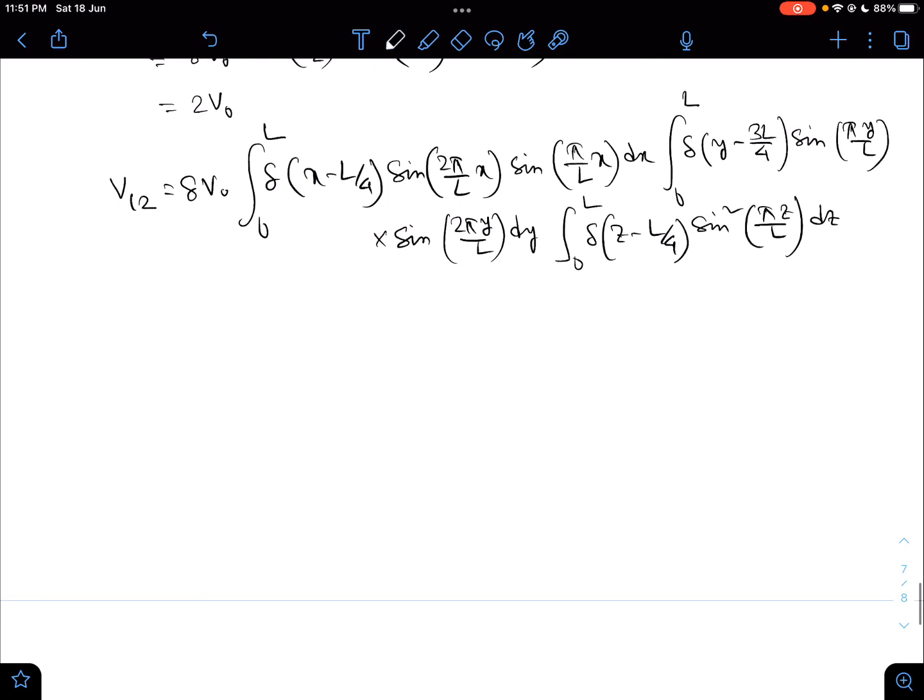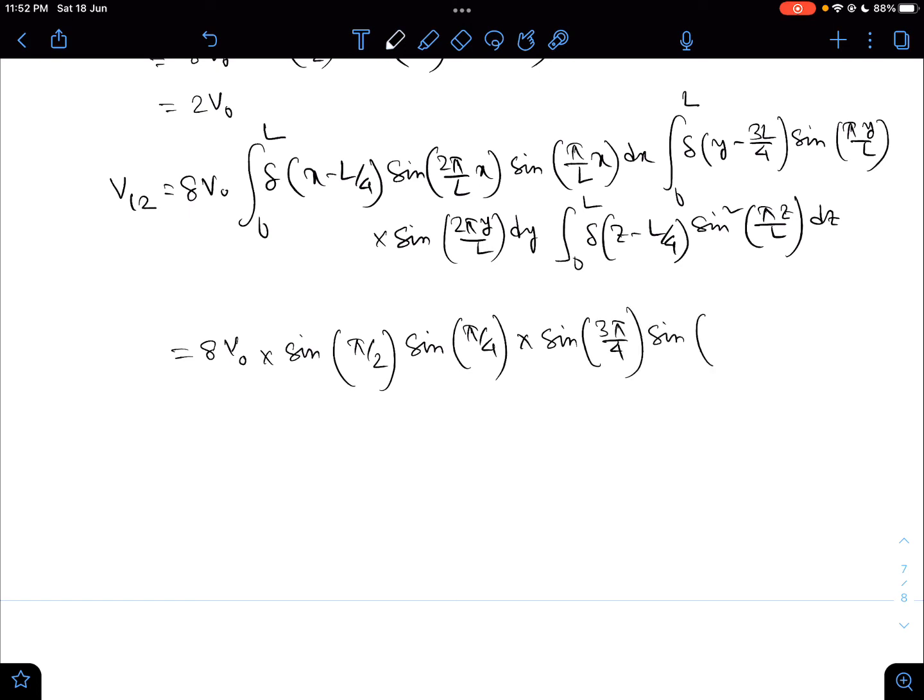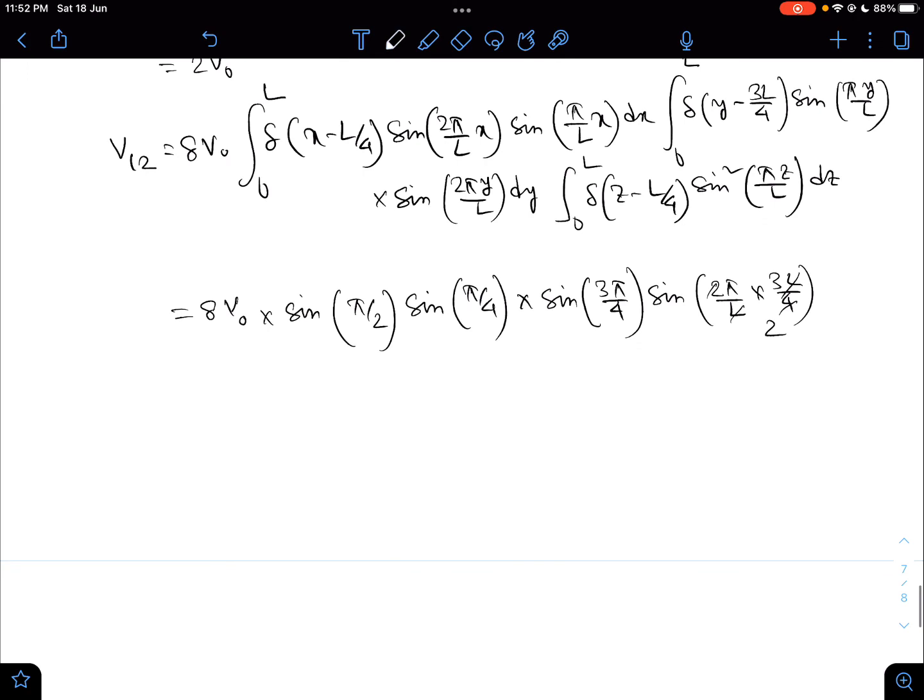So this will give us 8V0, sine pi by 2, sine pi by 4, sine 3 pi by 4, sine 2 pi by L into 3L by 4, which is 3 pi by 2, and another sine square pi by 4.